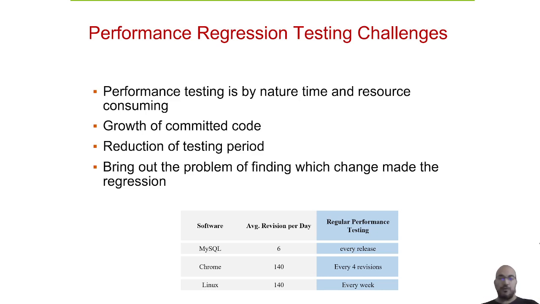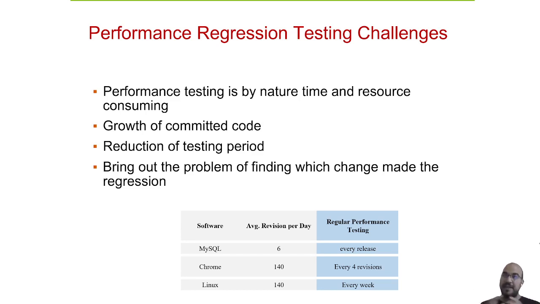The Chrome project does it differently. They do this every 4 revisions, right? For the Linux project, they do it almost every week, right? So as you can see, different teams may have different testing strategies, and all of them are heuristics, because by the end of the day, developers will submit a lot of changes.